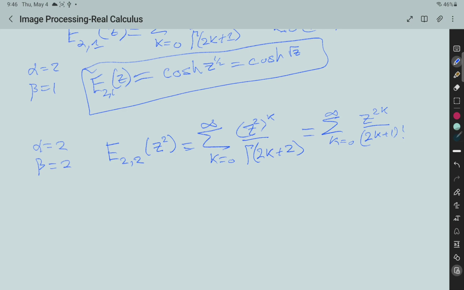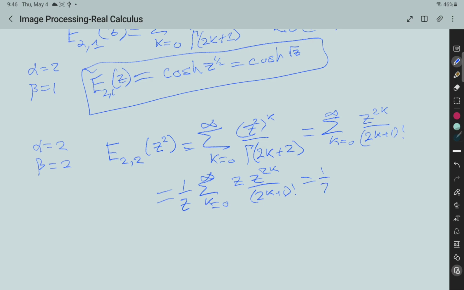You see the power of the z term in the numerator is just 2k, but downstairs it is 2k plus 1. So I have to multiply by a z and divide by a z. I'll put 1 over z in the front, and then I have k equal to 0 to infinity, z times z to the 2k divided by 2k plus 1 factorial.